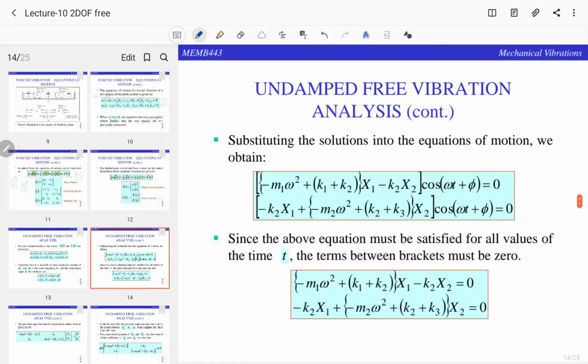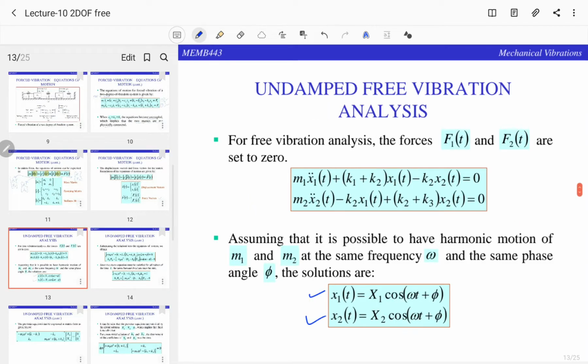If you actually substitute from here, you take x dot 1, what is it, and also x double dot 1, what is it? Okay, so you just substitute into this equation. Do the same thing here.